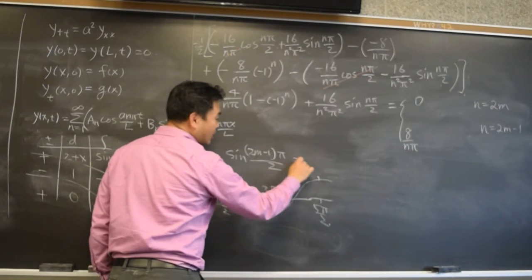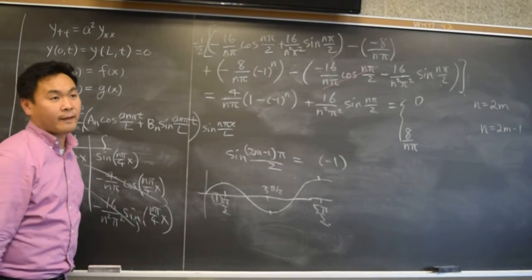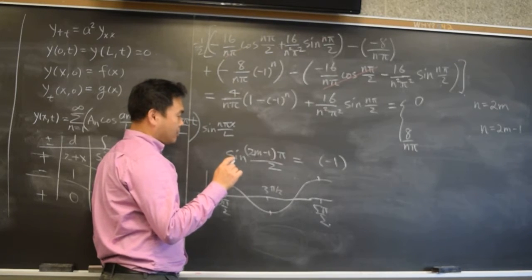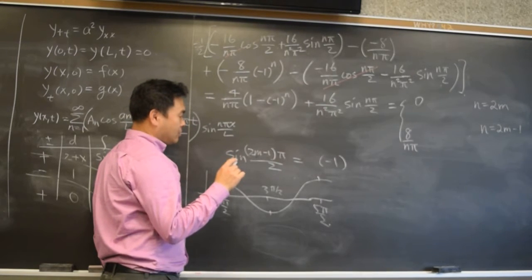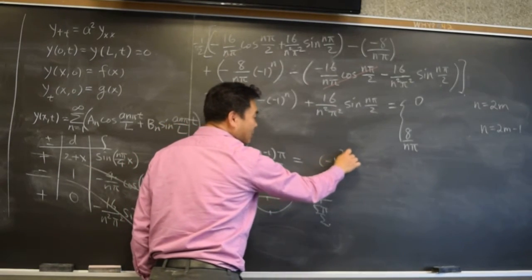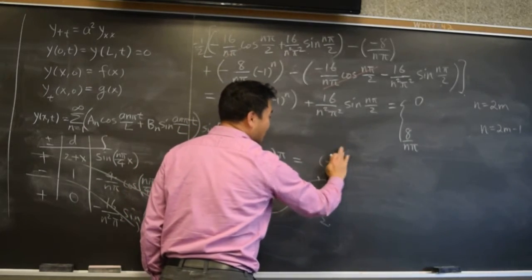So can you write this down as negative 1 to some power? What? 2n minus 1? 2m? If it's 2m, that means it's always positive. If it's 2m minus 1, that means you're taking an odd power of negative 1, so it's always negative 1.